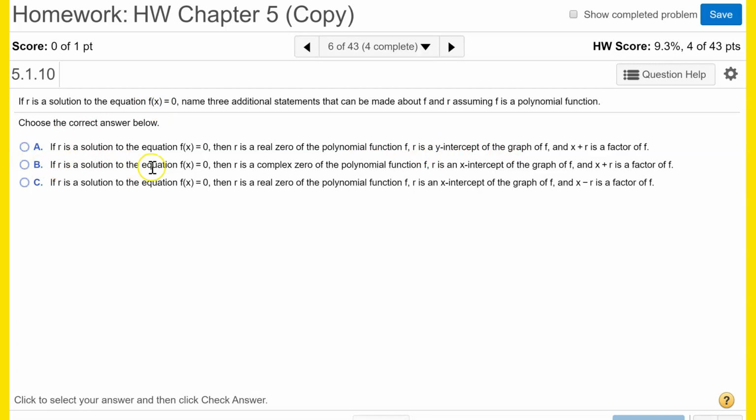If r is a solution to the equation f of x equals 0, then r is a complex zero of the polynomial function of f. R is an x-intercept of the graph of f. And x plus r is a factor of f. That is not true. If r is the solution, then it wouldn't be x plus r. Let me show you what I mean.